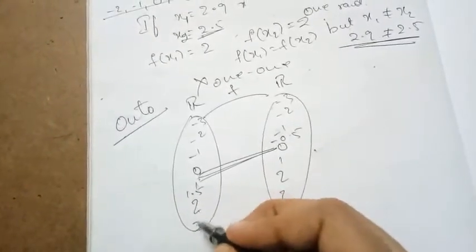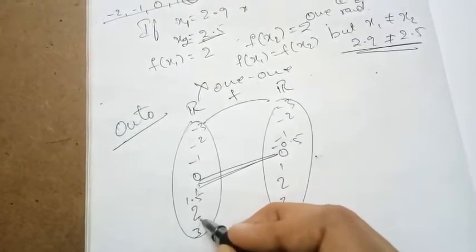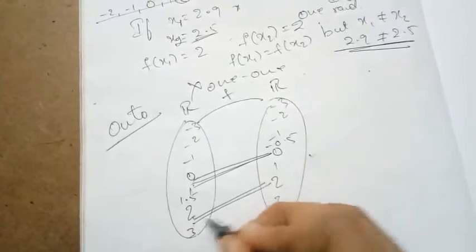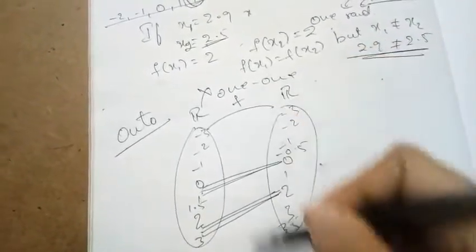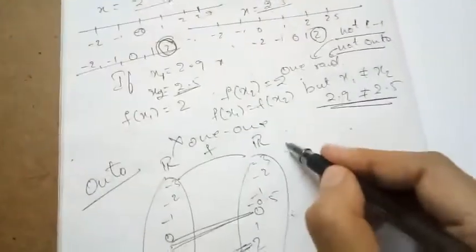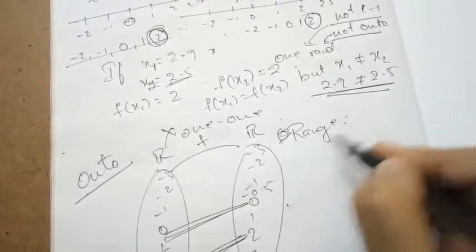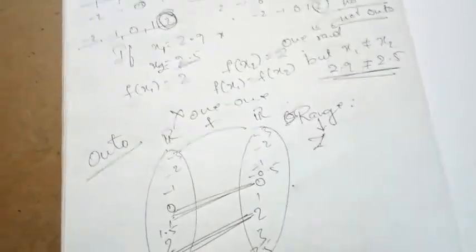If you take any value between 2 and 3, that is 2.1, 2.2, 2.3, whatever the values, all those are going to be accumulated to 2 itself. So even by the statement you can understand our range will be the set of integers only. We are going to get only integers.